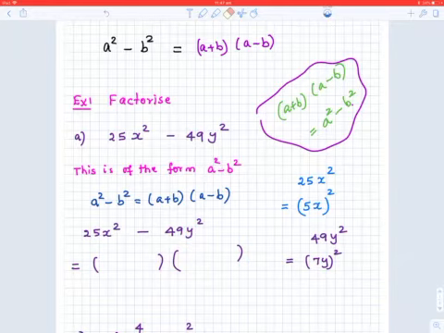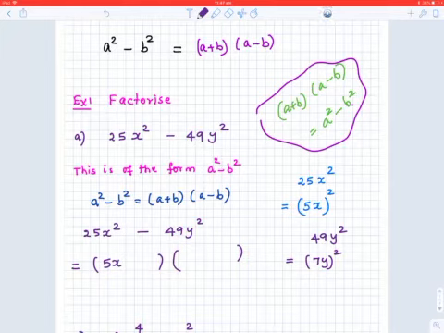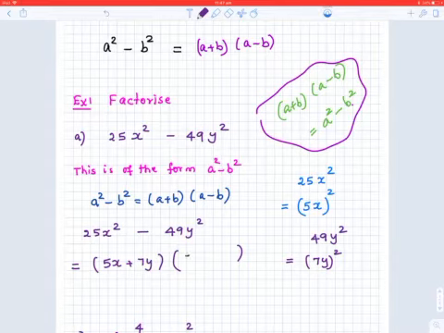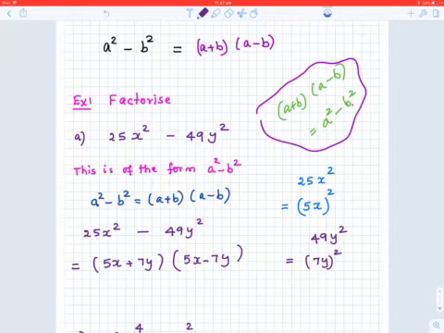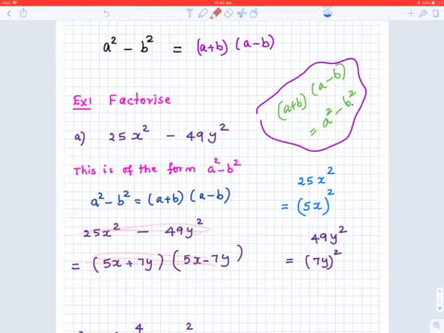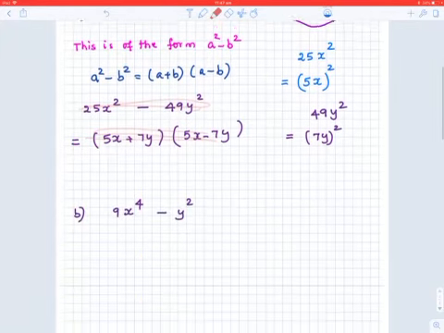In our case, a is 5x and b is 7y, so it's 5x plus 7y, and the next is 5x take away 7y. Therefore 25x squared minus 49y squared can be factorized as 5x plus 7y times 5x minus 7y.